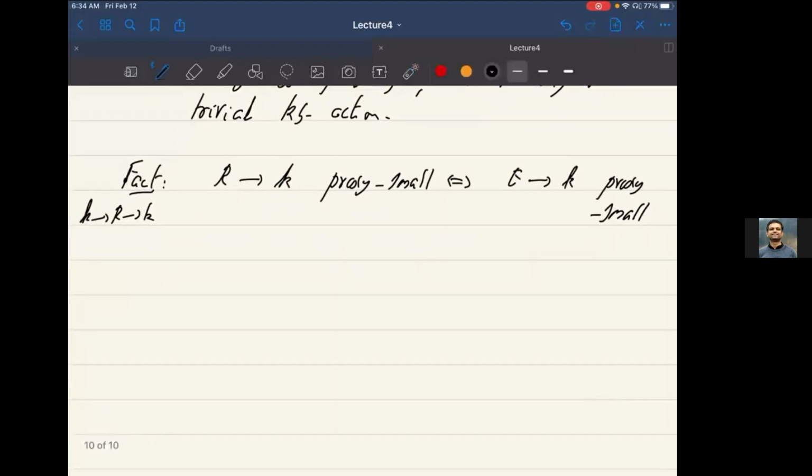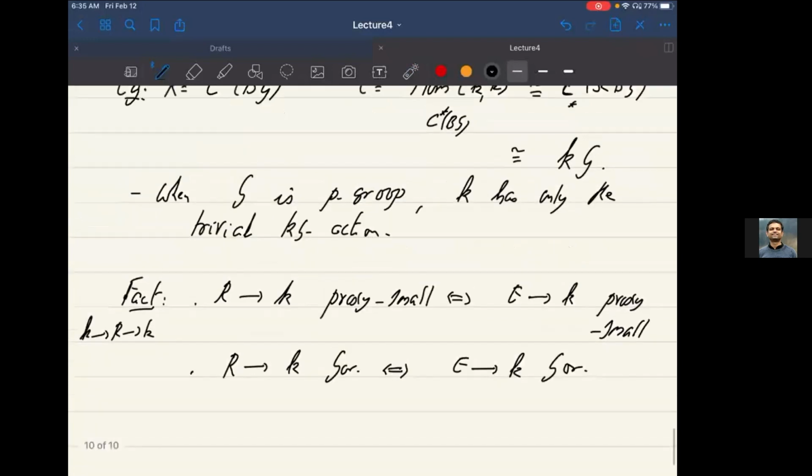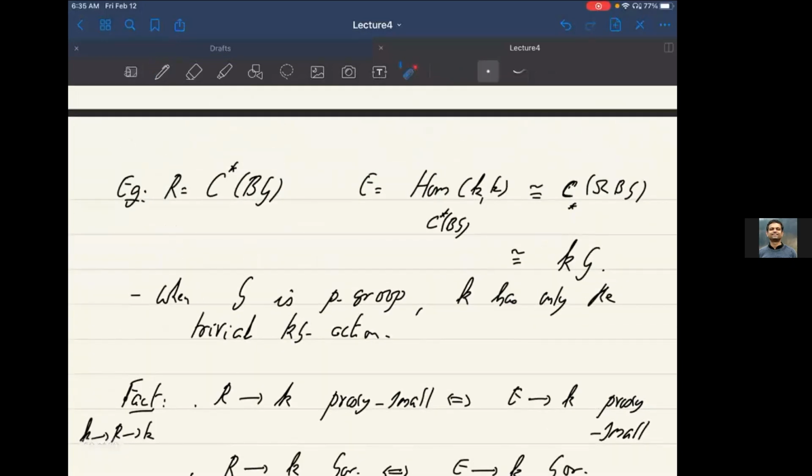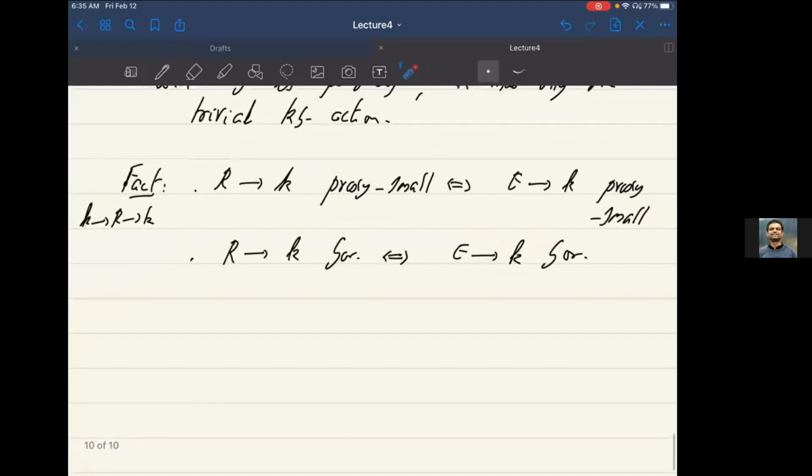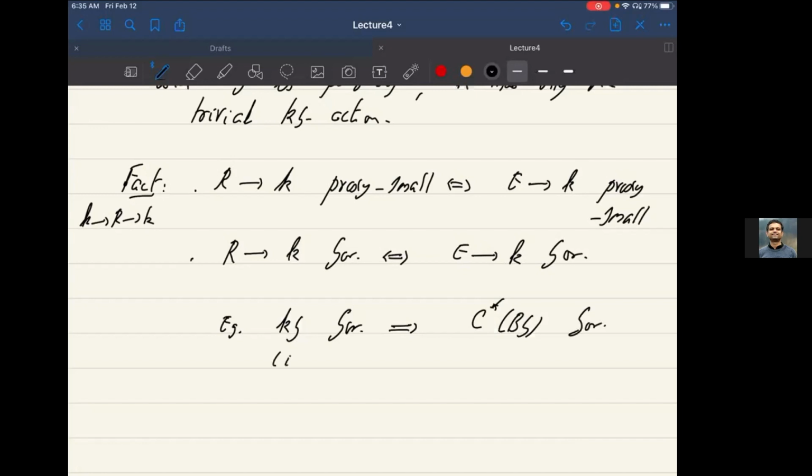The other thing, and this is sort of something like Koszul duality, is that R to K is Gorenstein if and only if E to K is Gorenstein. And this tells you that, it's classical that the group algebra KG is Gorenstein, because it's a self-injective algebra.